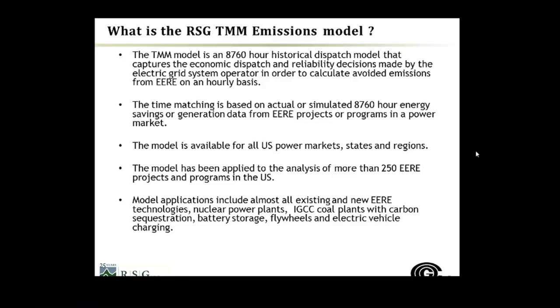So what is the RSG TMM model? Well, the time-matched marginal model, or TMM, is an 8,760-hour historical dispatch model that captures the economic dispatch and reliability decisions which are made by the electric system operator in order to calculate the avoided emissions from the EERE projects on an hourly basis. So this is an hourly model through 8,760 hours of the year.